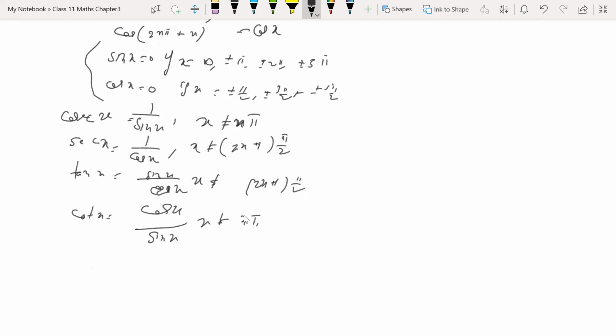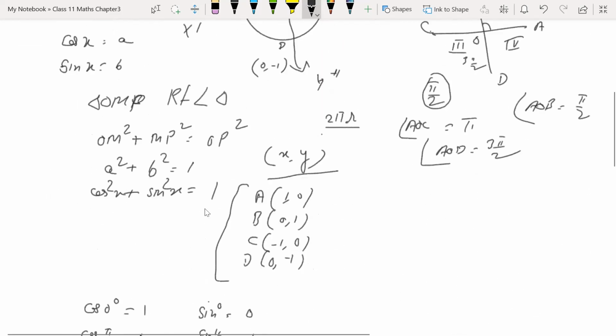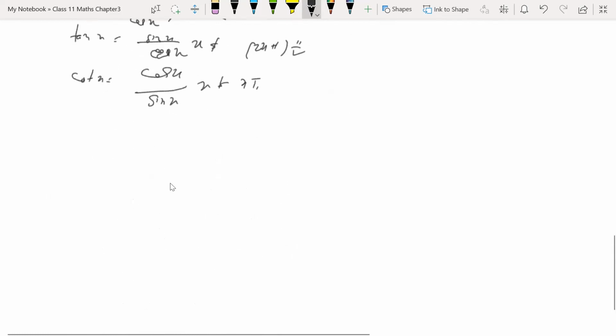So we have shown that for all real numbers, at the initial stage I showed you also that a square plus b square is 1, so cos square x plus sin square x is equal to 1. So for any real number, sin square x plus cos square x is equal to 1. And these are the identities.